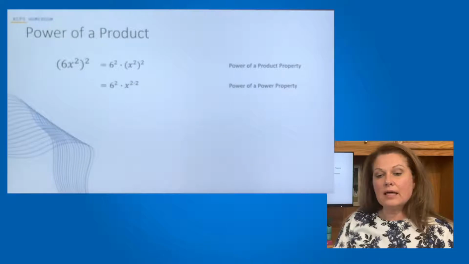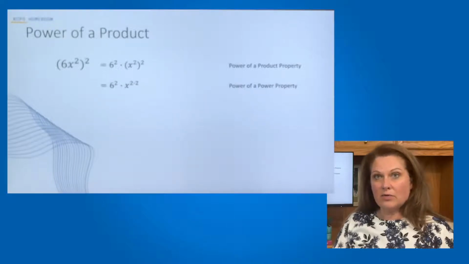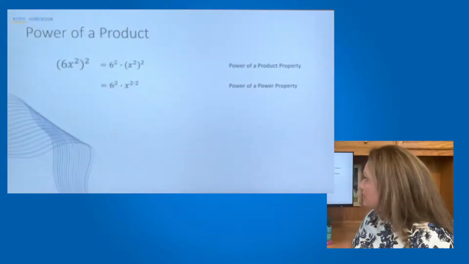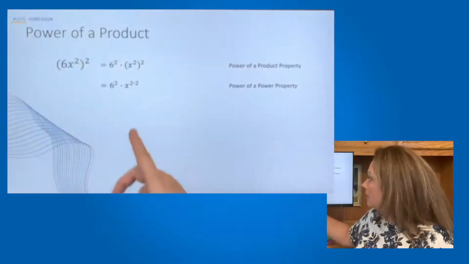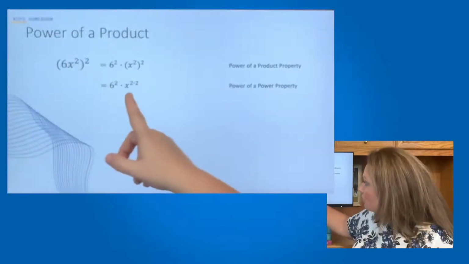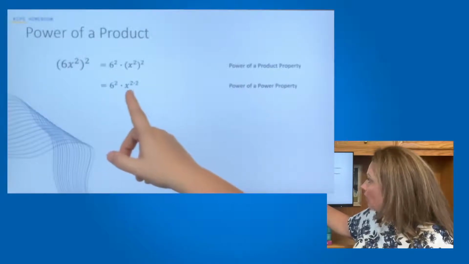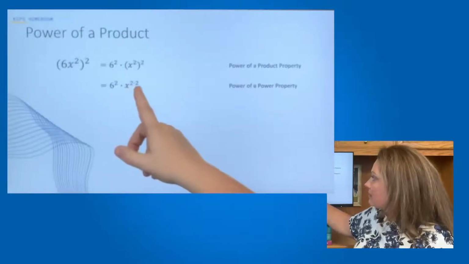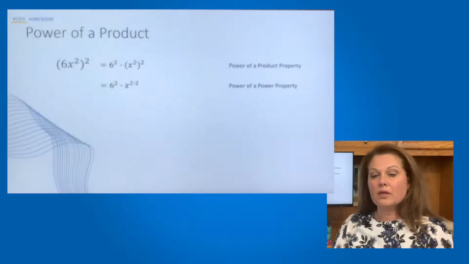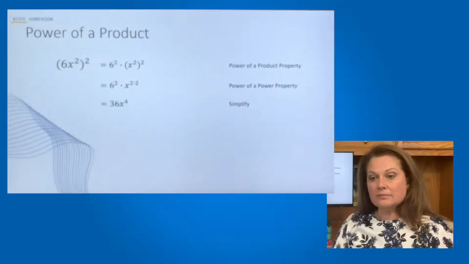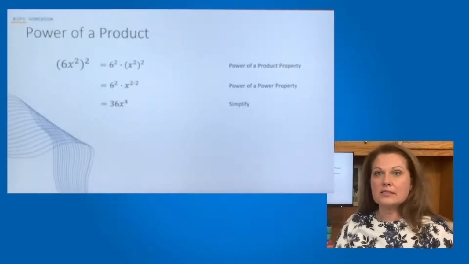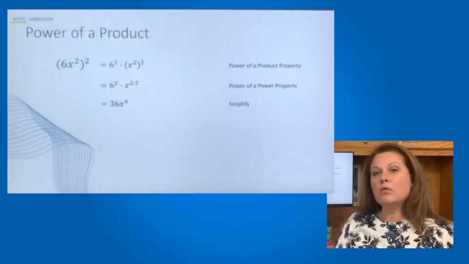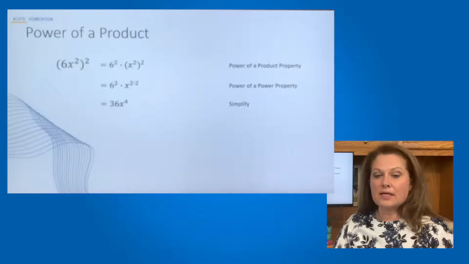We're going to then continue. I'm just going to bring down my 6 to the 2nd power. I'll evaluate that in just a minute, but I want you to make sure you notice on the variable power I'm saying x to the 2nd times 2. Our next line would be our evaluation of our 6 to the 2nd power, and that would be 6 times 6.